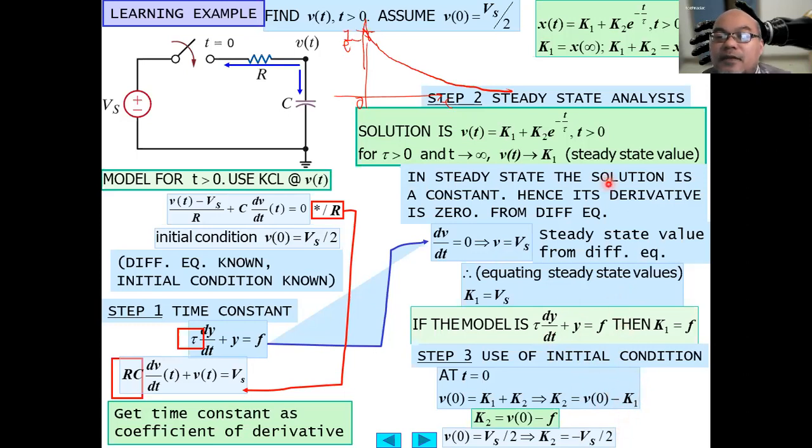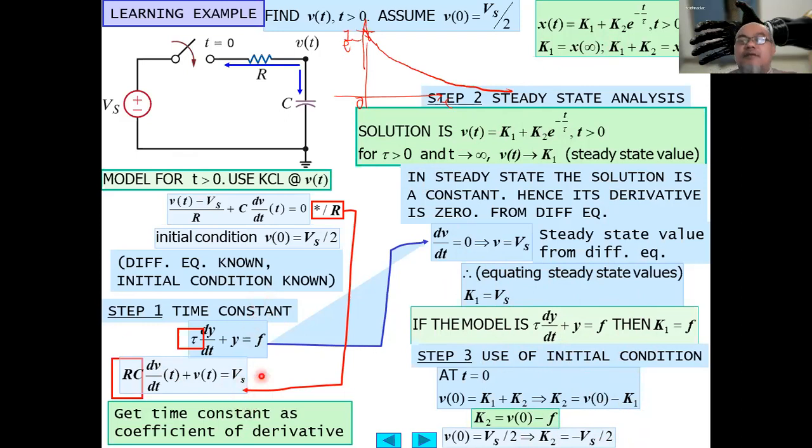From step 2, the steady state analysis, we obtained the K1 value, which is Vs. From step 3, using the initial condition, we obtained K2 equals negative Vs over 2. So basically, we already obtain our solution. From the first step, we also obtained the time constant tau.